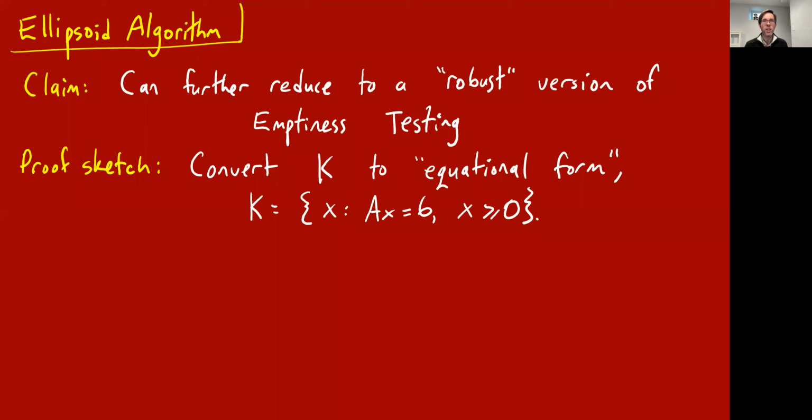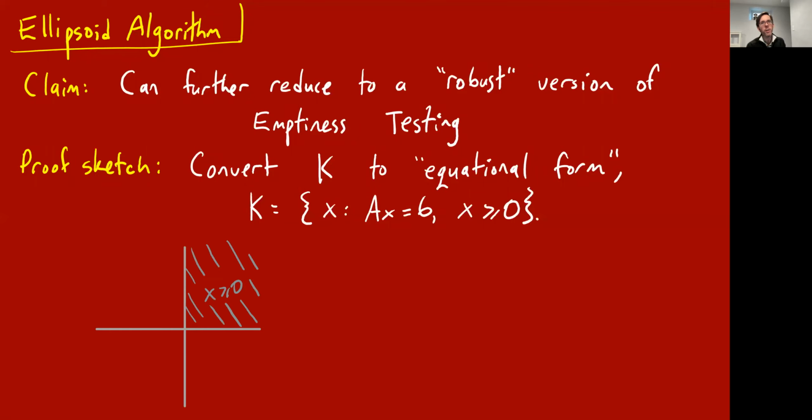So the first step of the sketch is to convert the input polytope k to equational form. So if you recall, this is the form. You can always reduce an LP to an equivalent form like this, where your constraints are that all the variables should be non-negative and that they should satisfy some equations.